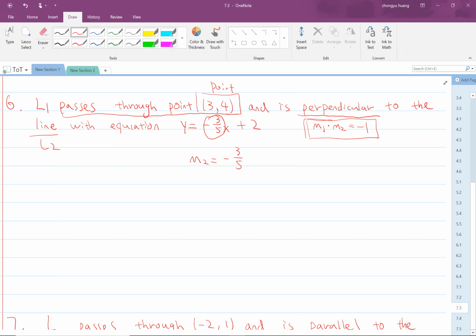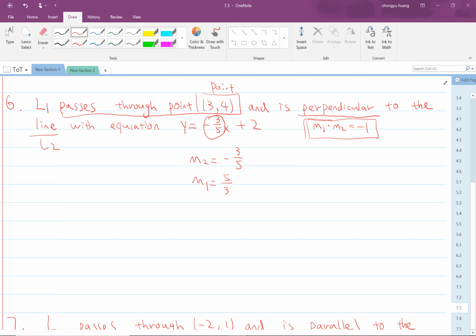The slope m2 is equal to -3/5, right? So if you're fast enough, you should know that m1 is going to be 5/3, because if you multiply them together, you will get -1.